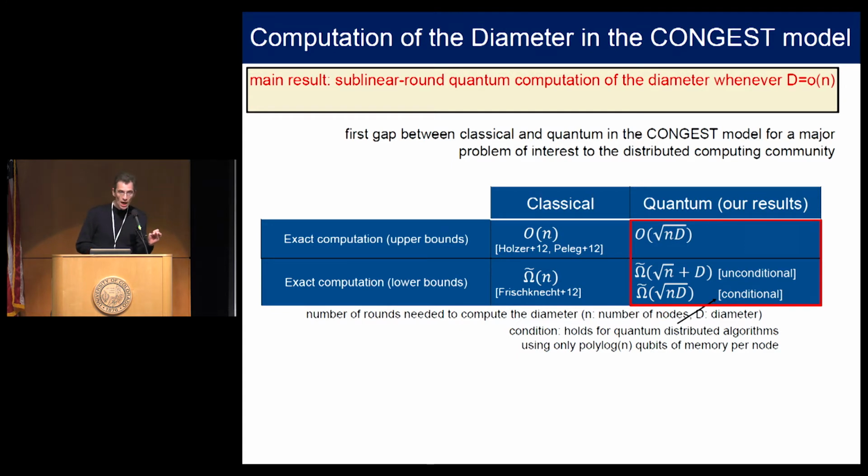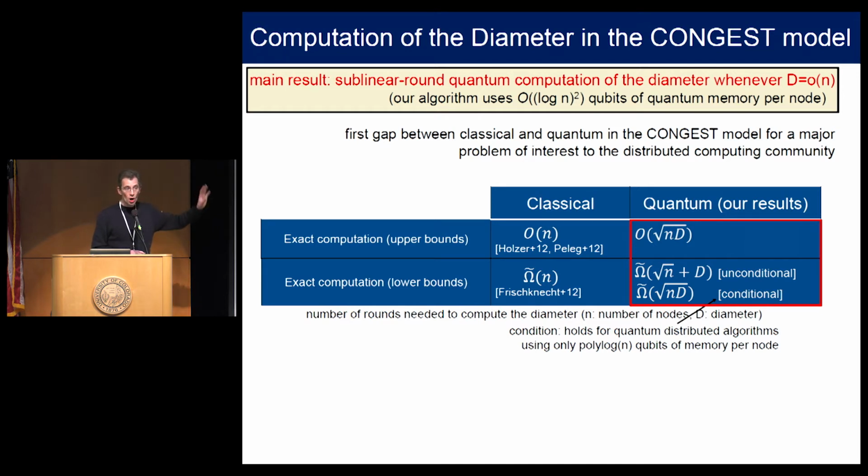More precisely, we are able to prove this lower bound only for quantum distributed algorithms that use a small amount of memory, polylog qubits of memory per node. And actually, our algorithm, our upper bound, uses this amount of memory per node.